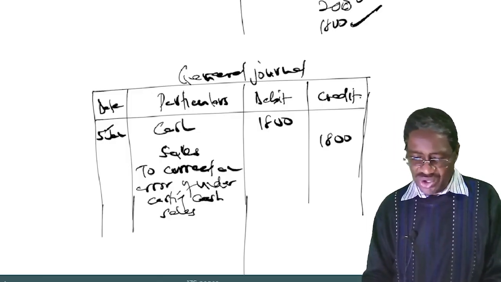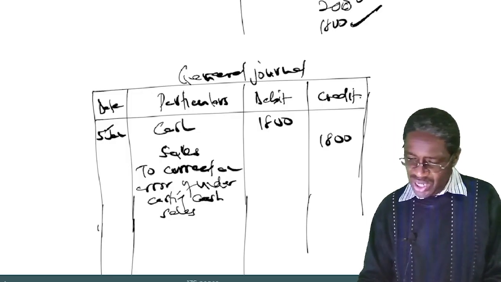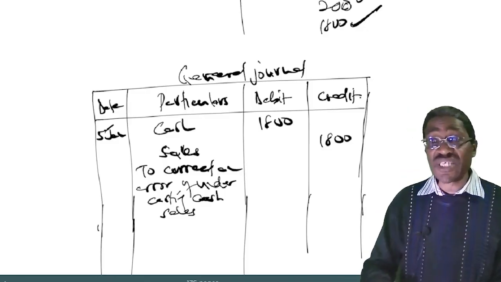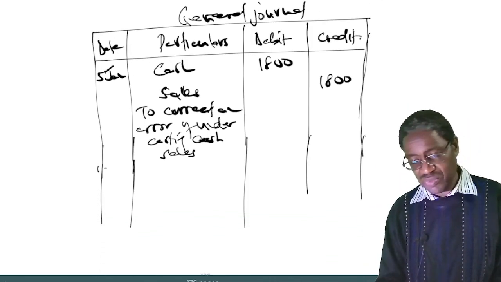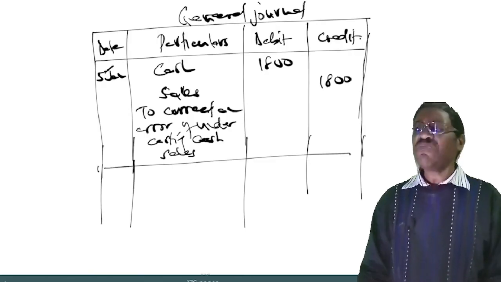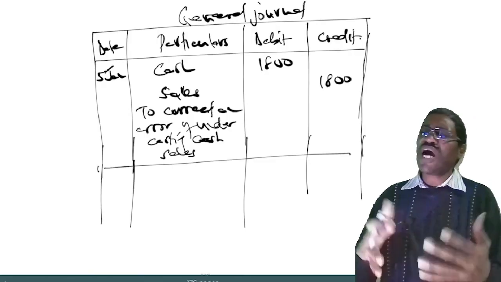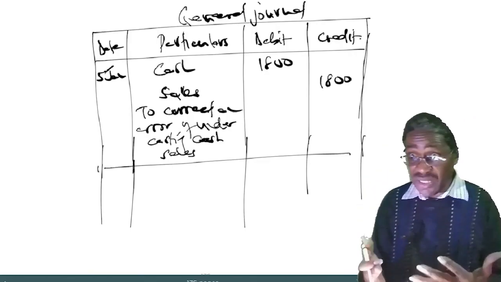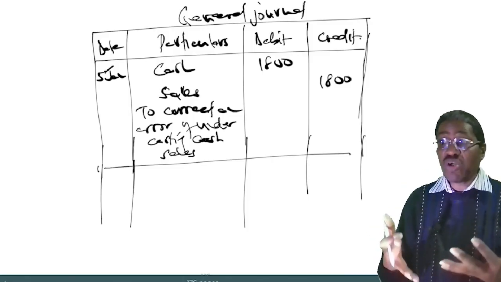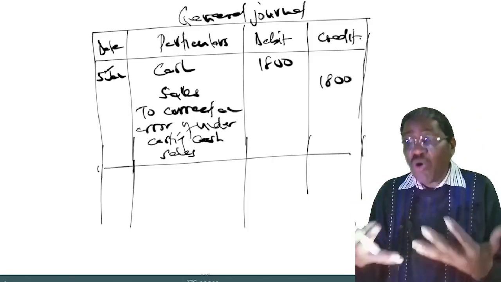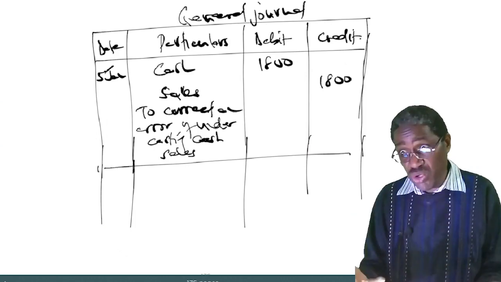Once you're through with that, you go to the next transaction. Maybe you bought a motor vehicle on credit from General Motors.